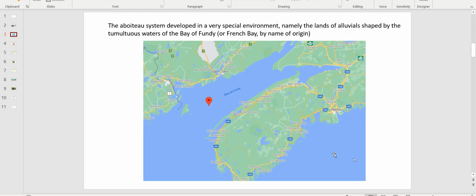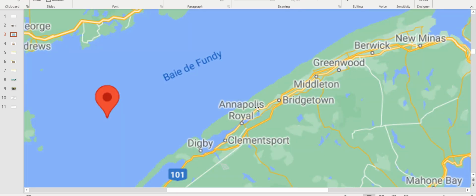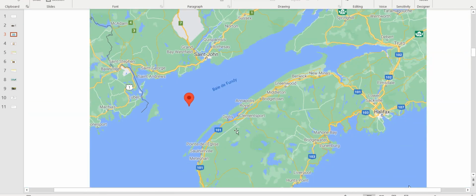Let me zoom a little bit. So that Bay of Fundy, this is Annapolis Royal, which was called Port Royal at the time of the French. That's where that settlement of 300 farmers was. And you have massive tides from the Bay of Fundy. So they used that farming technique in order to control the tides, inherited from the Dutch and used in France for drying out swamps.